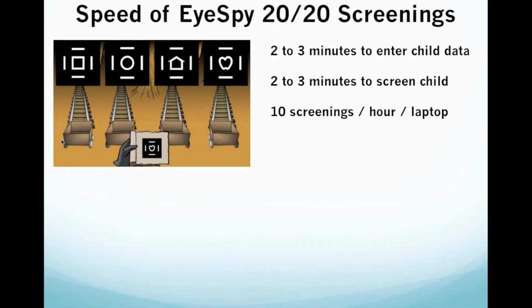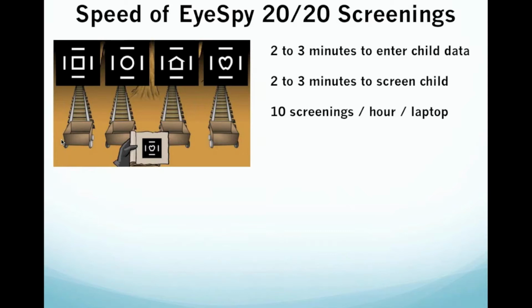EyeSpy 2020 takes probably about 2 or 3 minutes to enter the child's data. Now that can be greatly expedited when schools or vision screening organizations pre-enter student rosters, which is very easy to do with EyeSpy. So rather than having to type in the child's information, you would just select the child from a list. To actually vision screen the child takes 2 or 3 minutes.